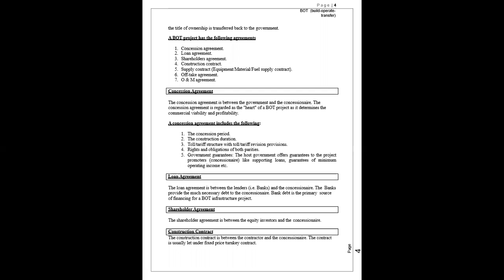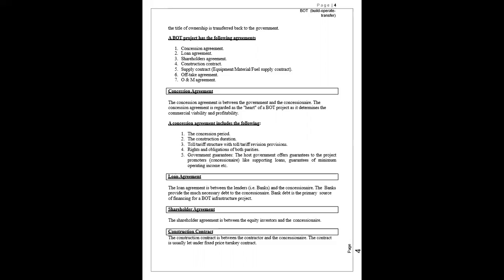That is called shareholder agreement. How much is your share in the investment, that much share you will get in the profit. So like this, shareholder agreement will be there.